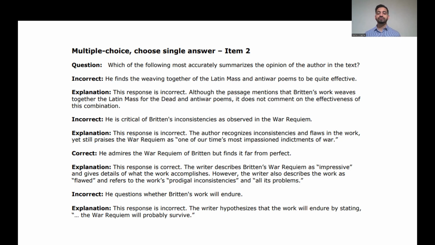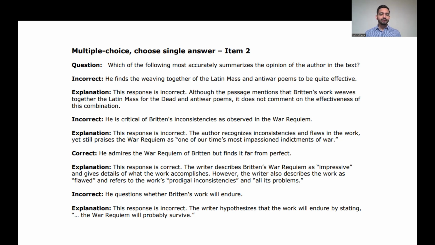However, the writer also describes the work as flawed. We see flawed, right? That word I was looking for. We see flawed, and it refers to the works as prodigal inconsistencies and all of its problems. All of these things are kind of saying that he's not fully satisfied that this is an amazing work.